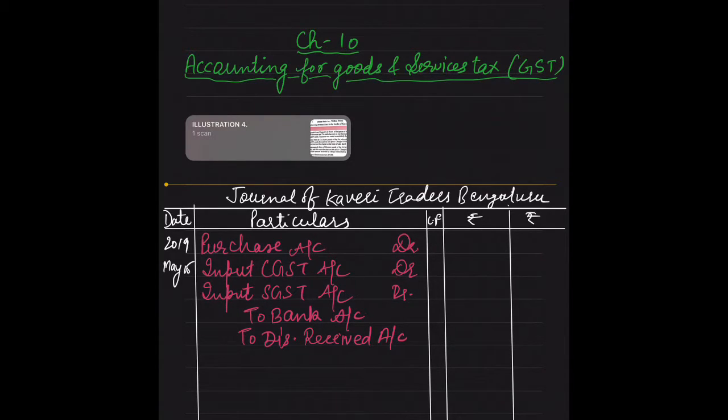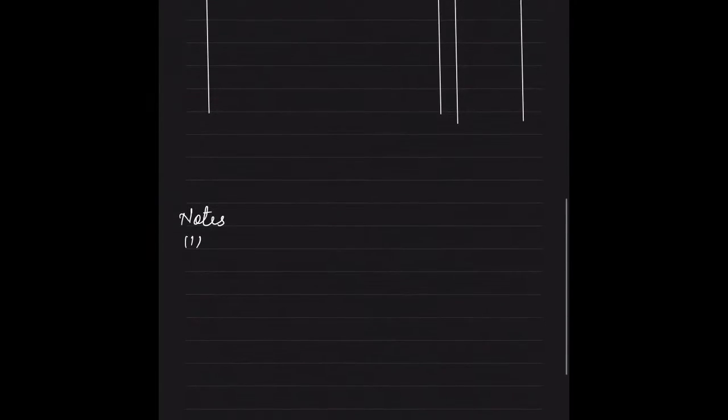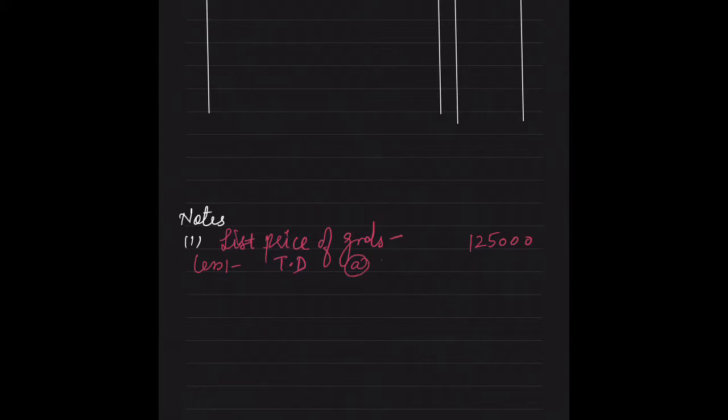Now let us solve this as a working note. The list price of goods is 1,25,000. First of all, we deduct the trade discount of 20%. Apply 20% on 1,25,000: the trade discount is 25,000. Deduct it, and the balance is 1 lakh.